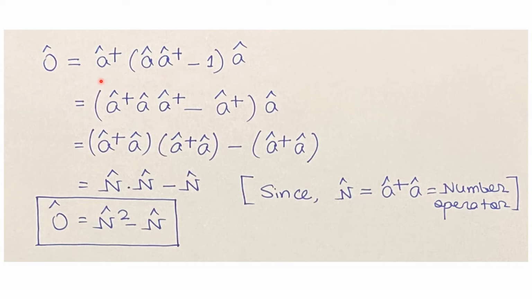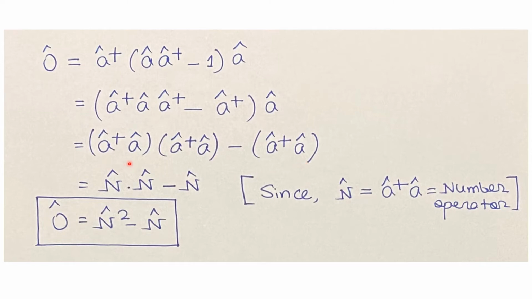Now first we will multiply this a cap dagger with the terms in the parenthesis. So we'll get a cap dagger a cap dagger minus a cap dagger. Then we can multiply this a cap from the right hand side. So we'll get a cap dagger a cap times a cap dagger a cap minus a cap dagger a cap.